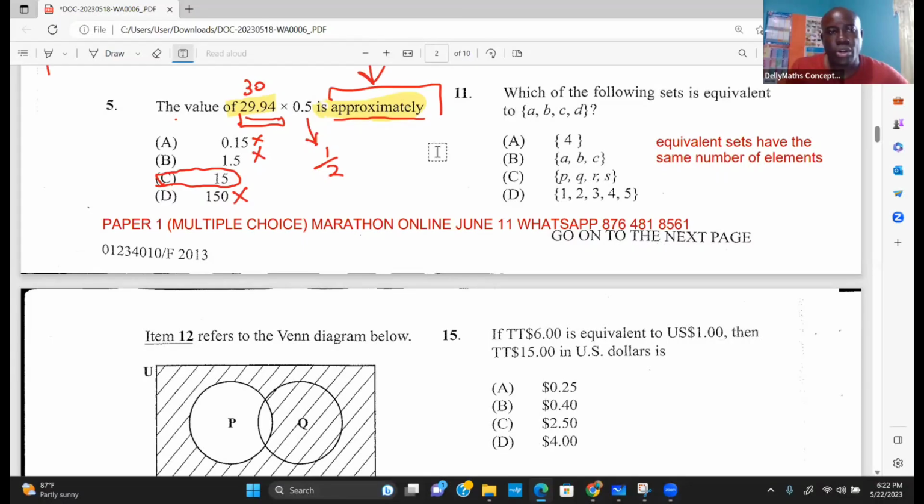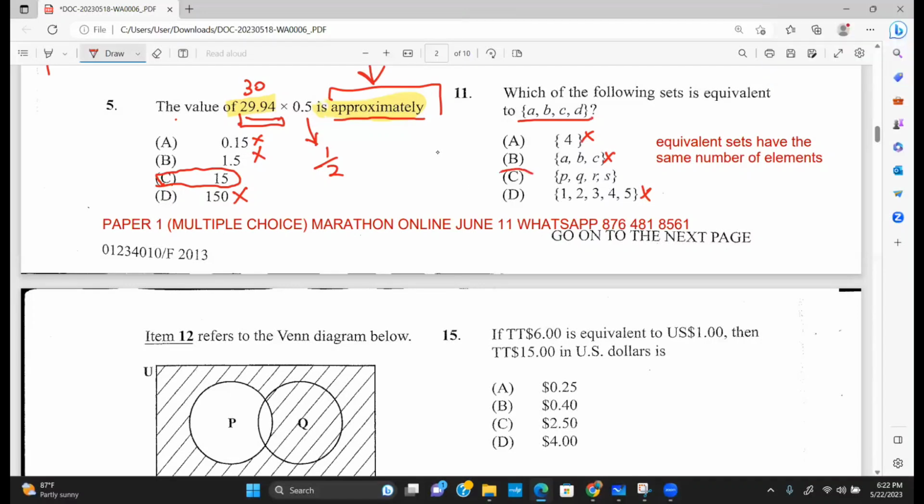So when you look at this, we're talking about 4 elements. You want to find a set that has 4 elements, not the number 4, 4 elements. So C has 4 elements. Is that clear? Yes, sir.